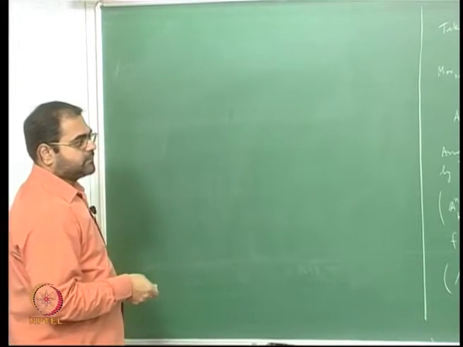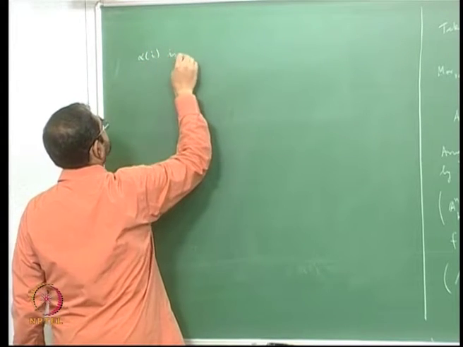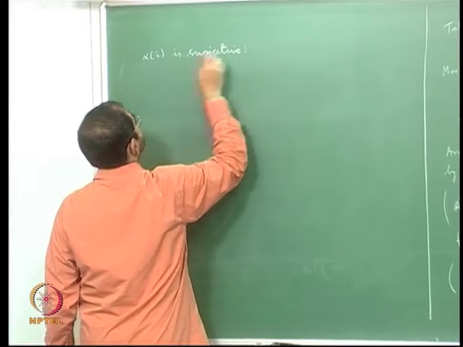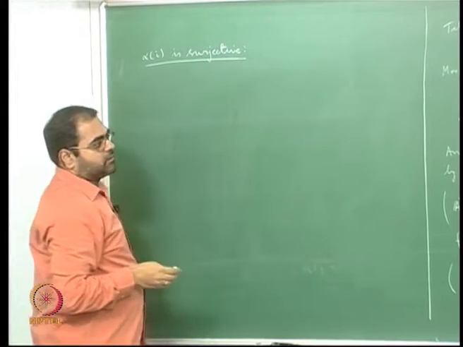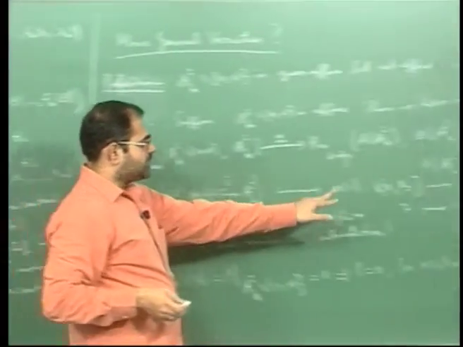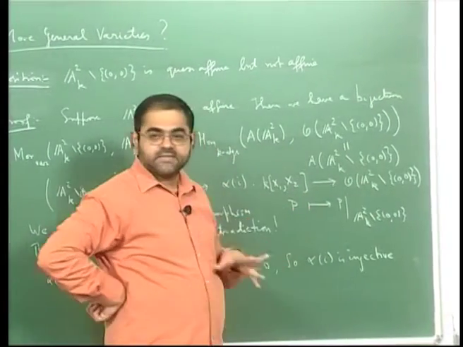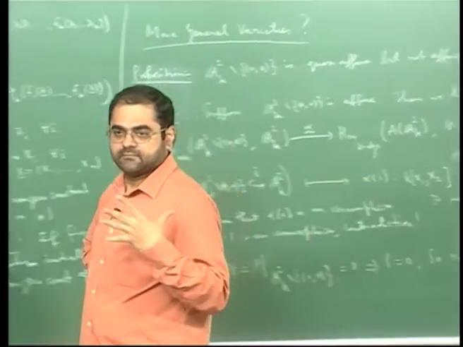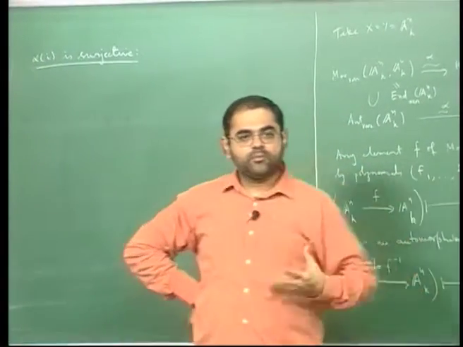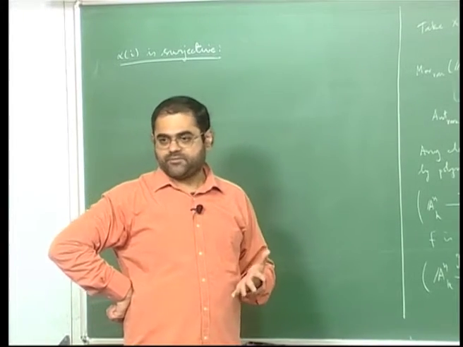Well, alpha of I is surjective. How do I prove this? Well, what I do is I start with a regular function on the punctured plane, and I have to show that it is given by the restriction of a polynomial. So what is the statement? I start with a regular function phi on the punctured plane, and I have to prove that this regular function is nothing but the restriction of a polynomial in two variables.